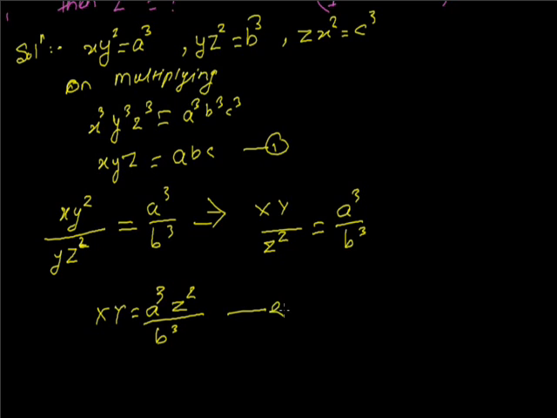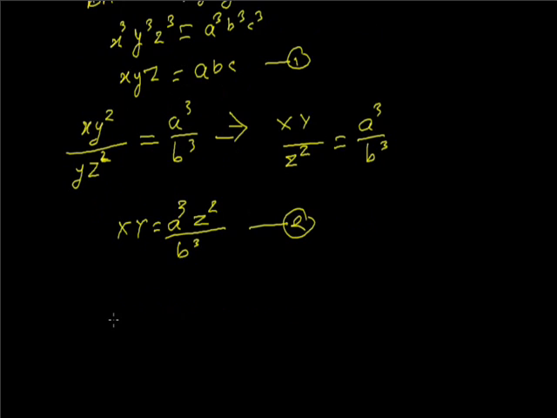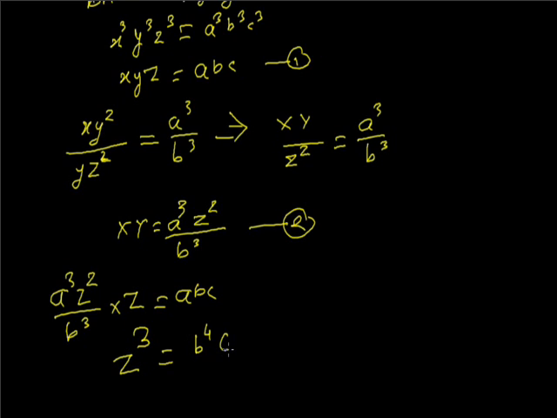We mark this as equation number 2. Now put the value of xy from equation number 2 into equation number 1. So a cube z square upon b cube, into z, is equal to abc. So z cube is equal to b raised to the power 4 c upon a square. That is the final answer.